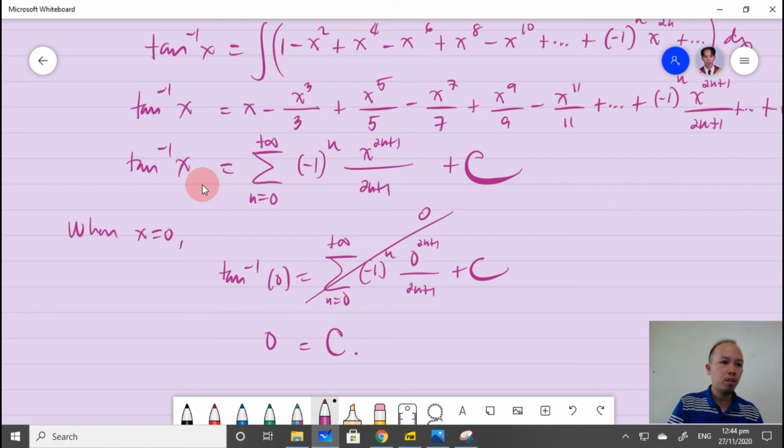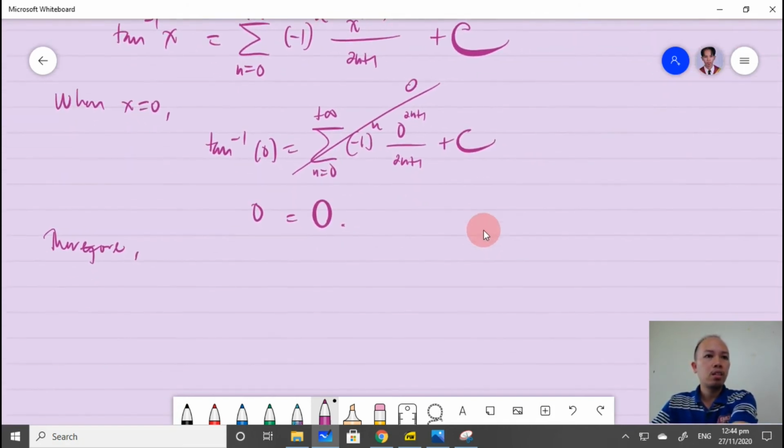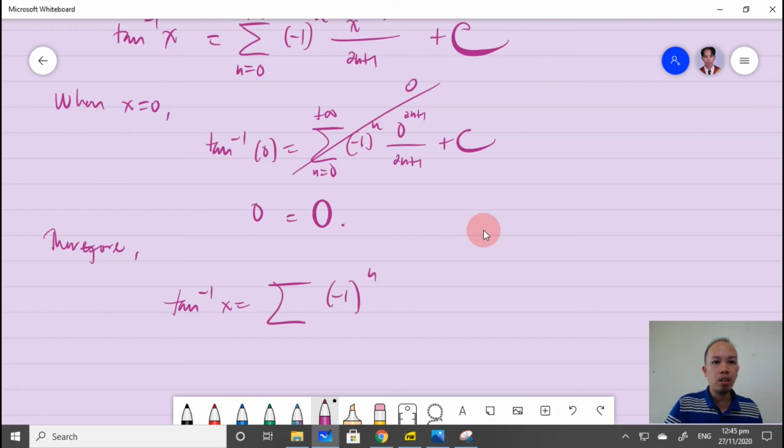Therefore, tangent inverse of x is the summation of negative 1 to the n, x to the 2n plus 1 over 2n plus 1, n starts from 0 to positive infinity.